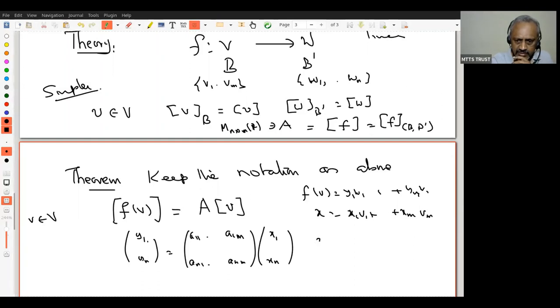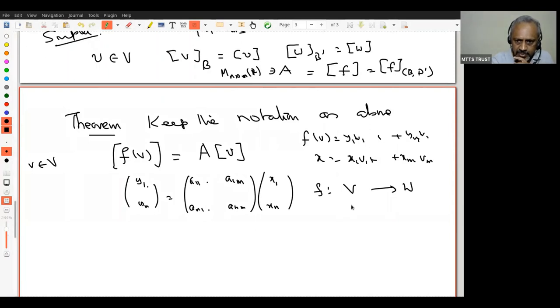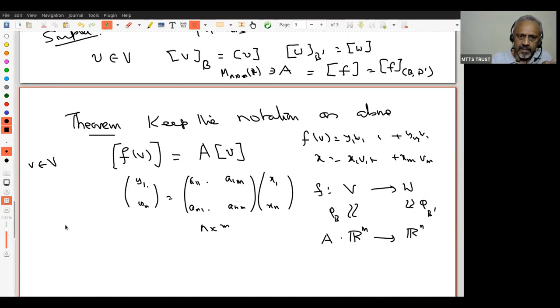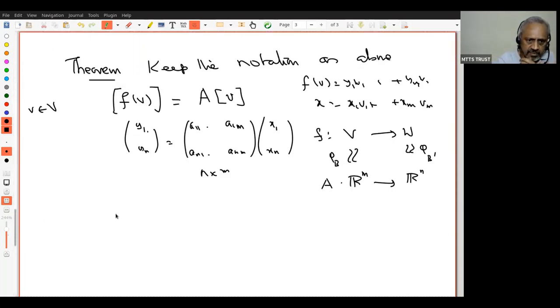So in other words, I have a linear map f from V to W. Now using the coordinate maps, I have a linear isomorphism of V with Rm, and a linear isomorphism of W with Rn. This is what we called phi B and phi B dash. Now I have a linear map A, because given any n cross m matrix, we know it gives rise to a linear map from Rm to Rn. And this matrix is unique.